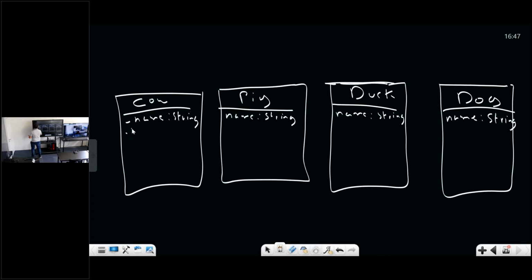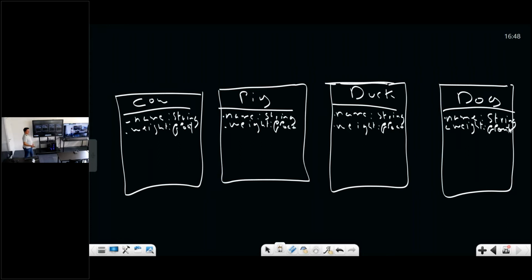So it's a float. So now we have what we call our attributes.